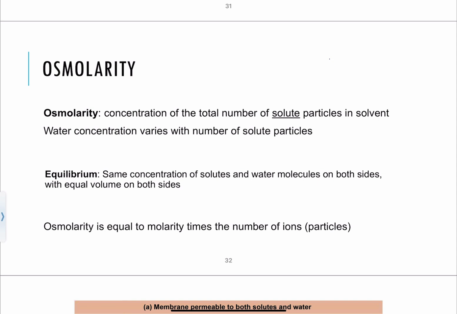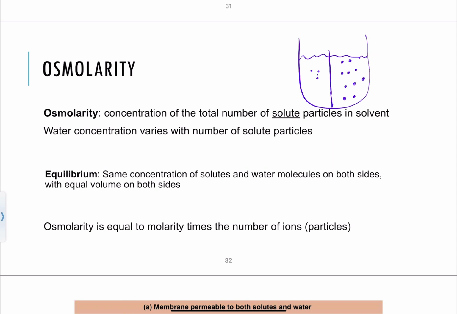So for example, if we have a membrane right here that does not allow molecules to cross, and we have a beaker like this, we have a high concentration of solutes over here and a low concentration of solutes on this side.